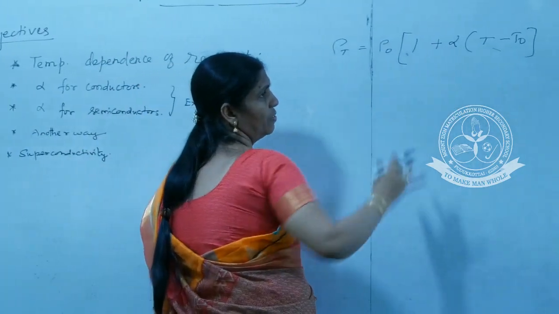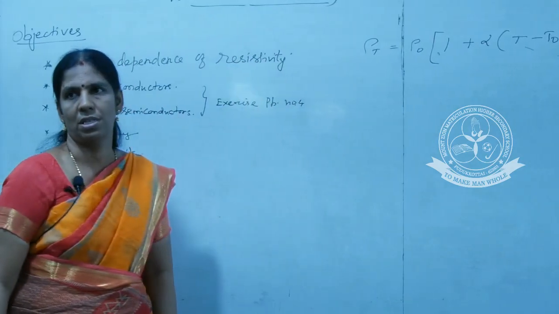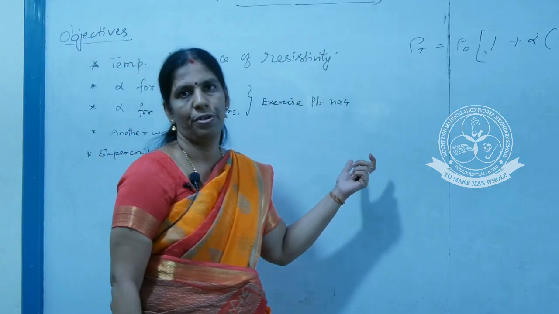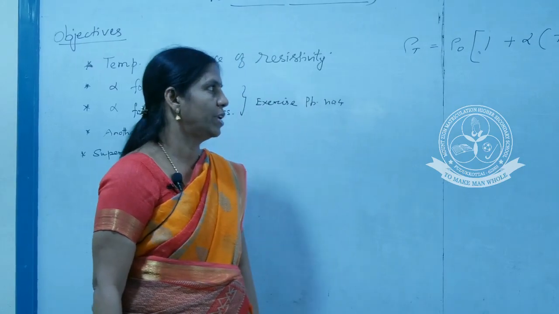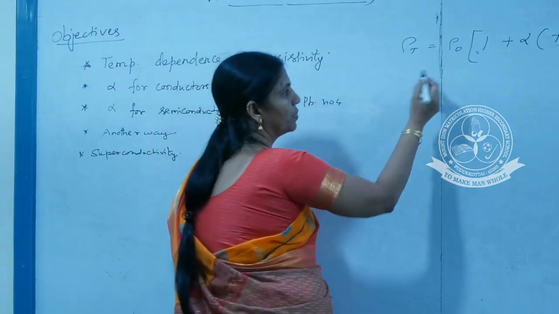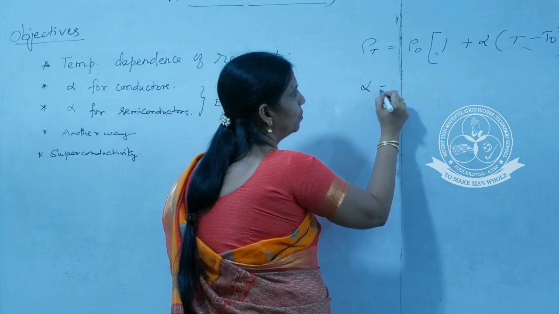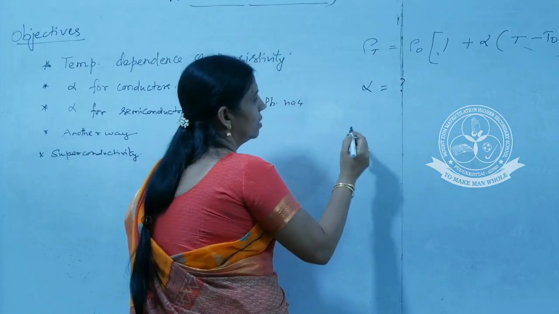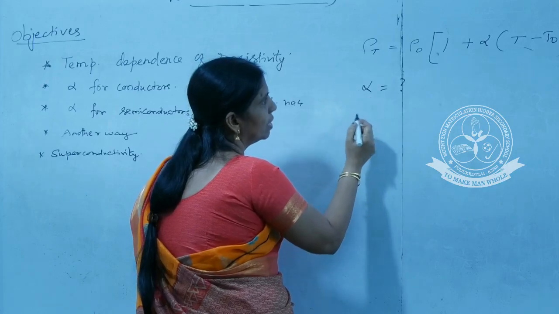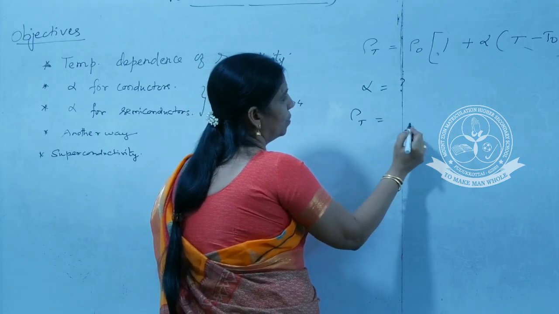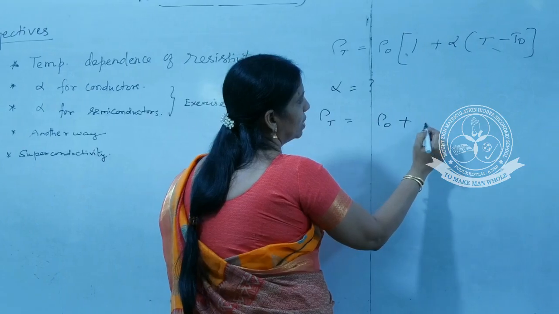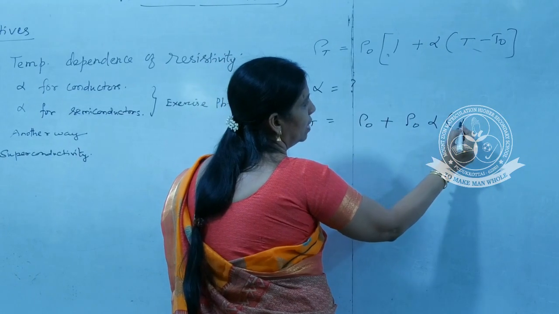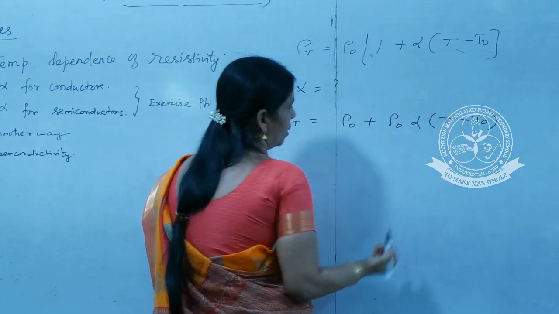Now from this expression we can derive what alpha is, that is, the temperature coefficient of resistivity. Let us expand: rho T is equal to rho naught plus rho naught into alpha into T minus T naught.